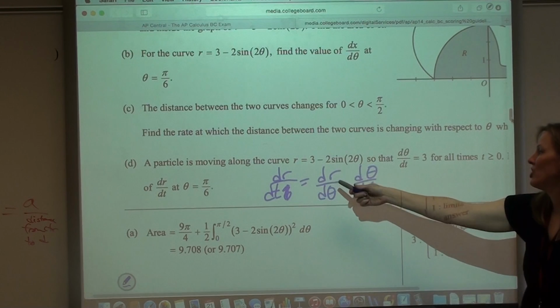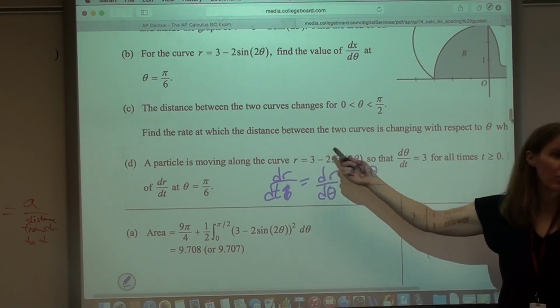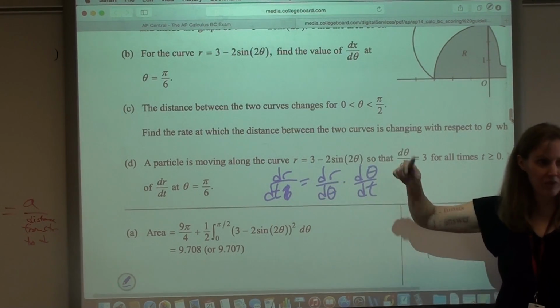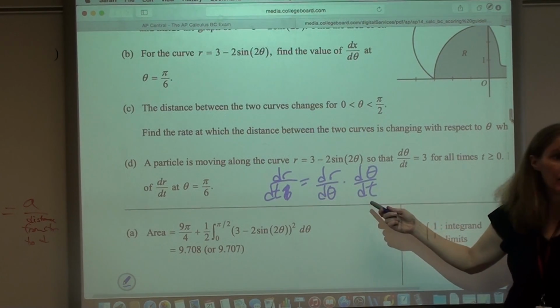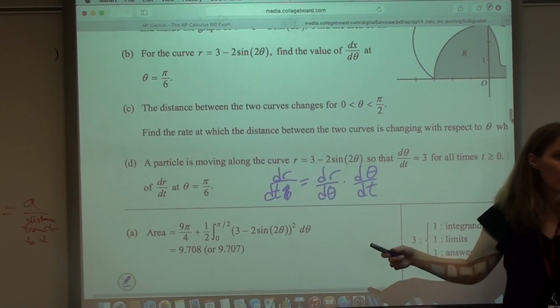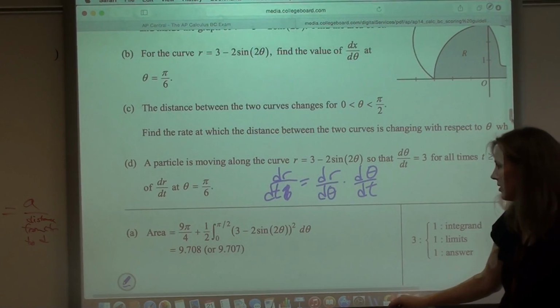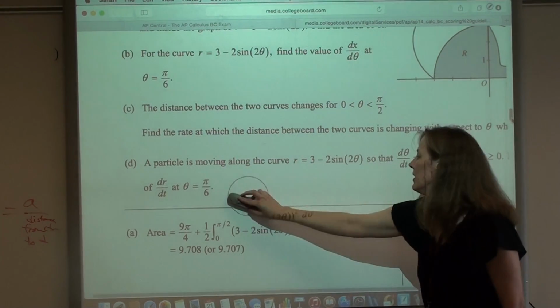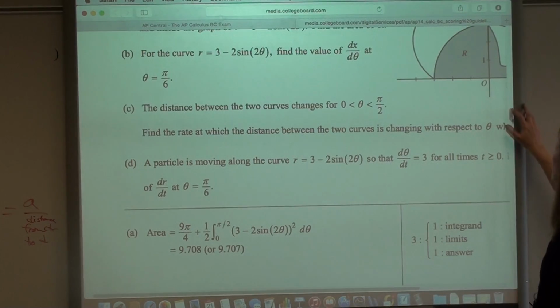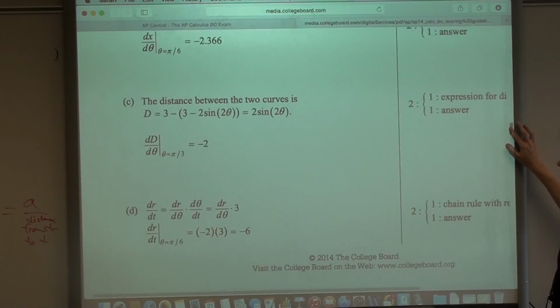Since you have r, plug it in, do the derivative at that point times 3. It just seems overcomplicated. I think mine is easier, but they're both fine. Either way, it's actually the exact same thing.